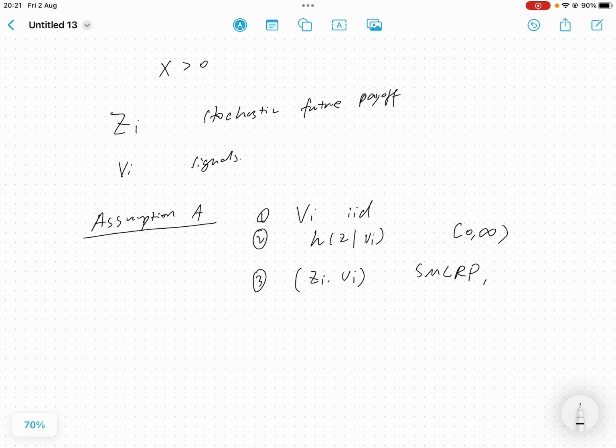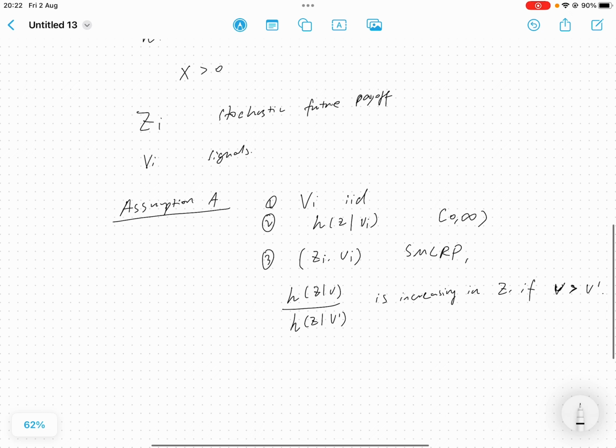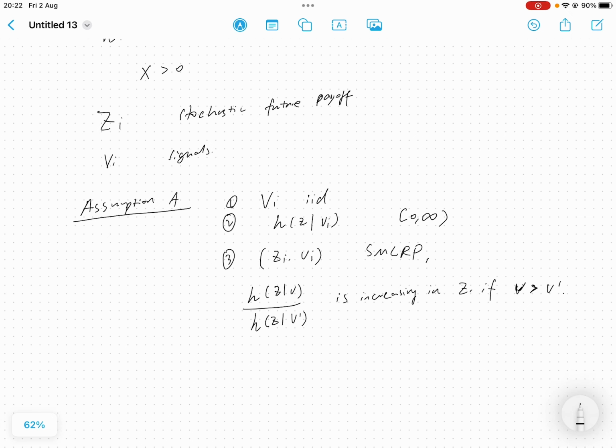That means the ratio of the distribution of Z given V over H of Z given V prime is increasing in Z if the V in the numerator is bigger than the V in the denominator.